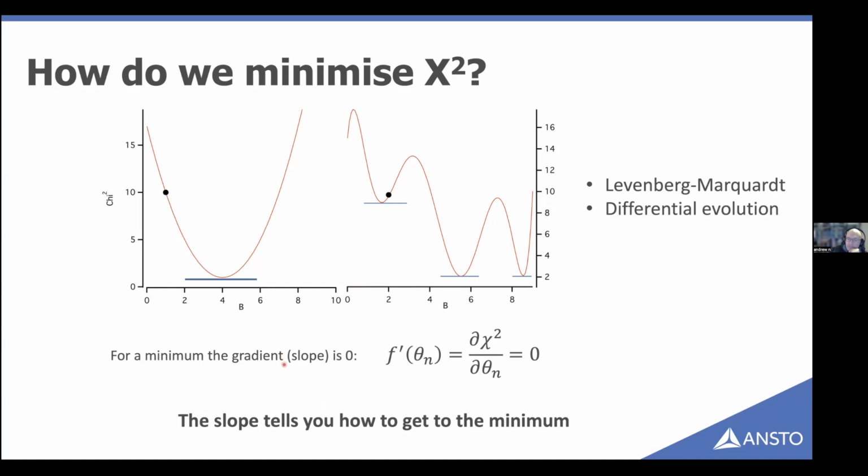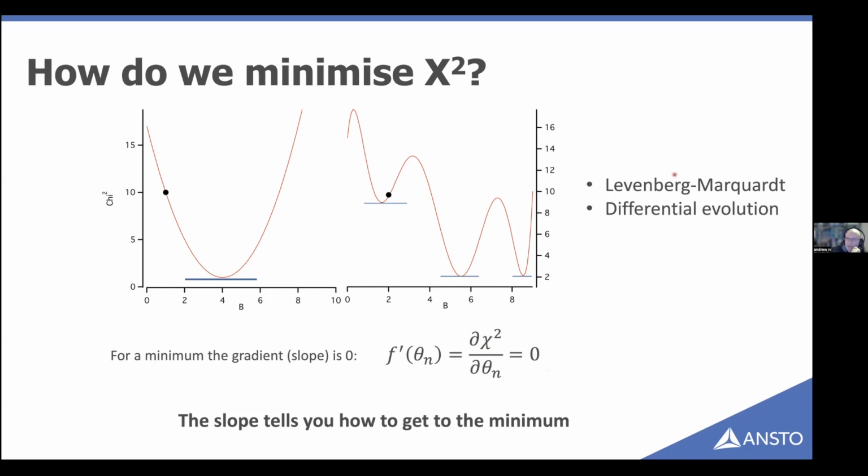When you're in a minimum, hopefully the global one, the gradient of chi-squared with respect to the parameters should be 0, and that slope tells you which direction to go in order to reach that minimum.